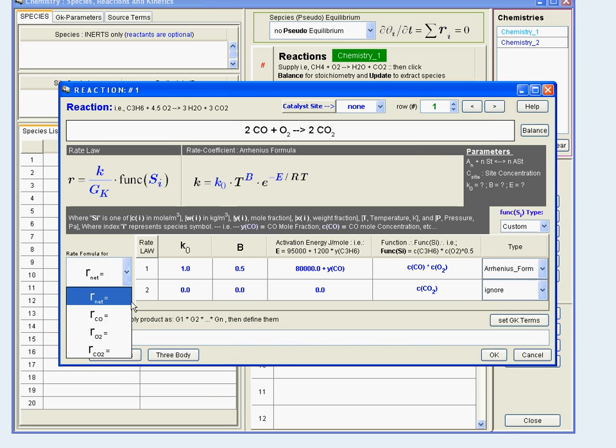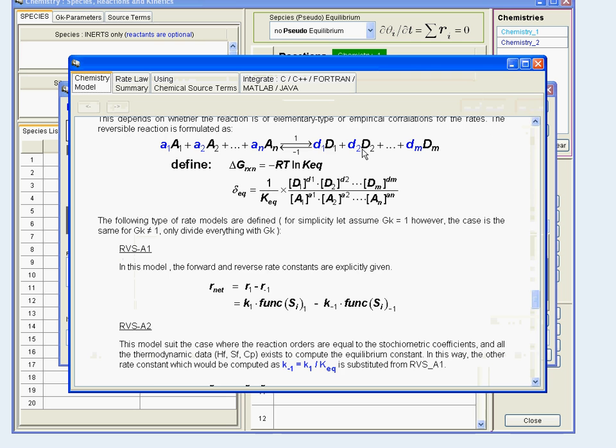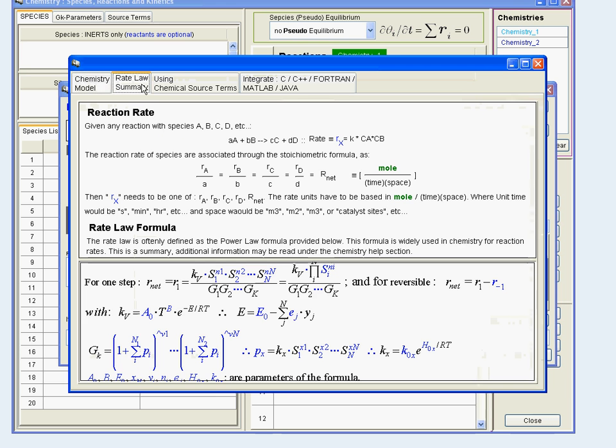If it's a net rate, again, we can see how the software handles that by looking at this here. So the net rate is this R net, or it could be the rate of each of the reacting components. So it's being shown here, so we know how to deal with it. So the user can enter any type of rate in that box. So that's what it does.